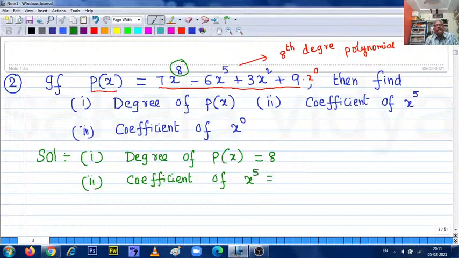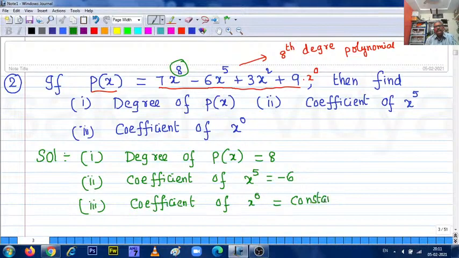That is minus 6. So minus 6 is called the coefficient of x to the power of 5 here. Next, third one is coefficient of x to the power of 0. This is called the constant term also. What is the constant term here? The 9 is the constant term. So the answer is 9. I think it is clear to you all.